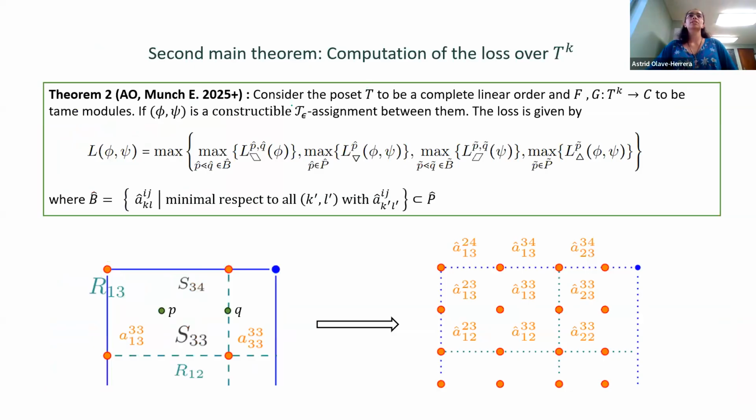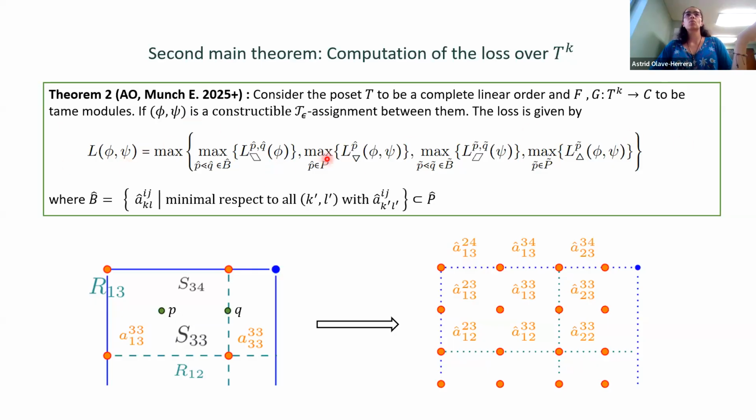The second main term is, if we have a poset T, again, a complete linear order, and two different models that go from T to the power of K to Z. And we have a finite number of critical coordinates. If we have that assignment to be constructible, we have this whole thing that is the loss.